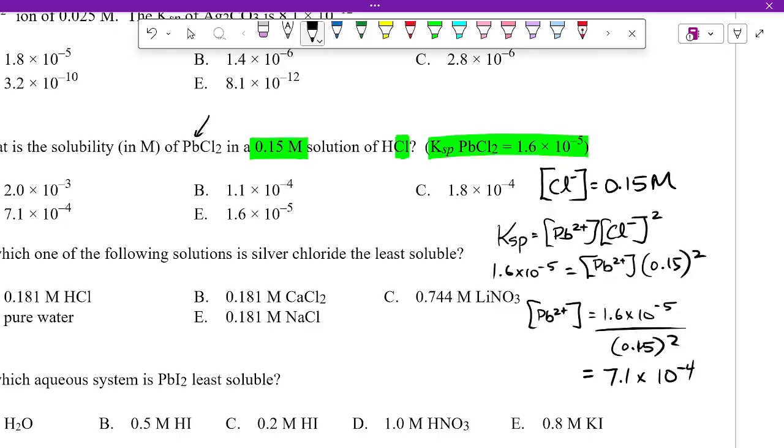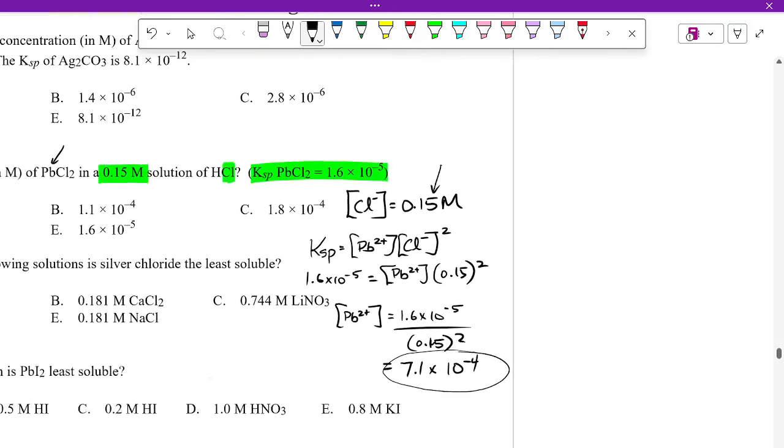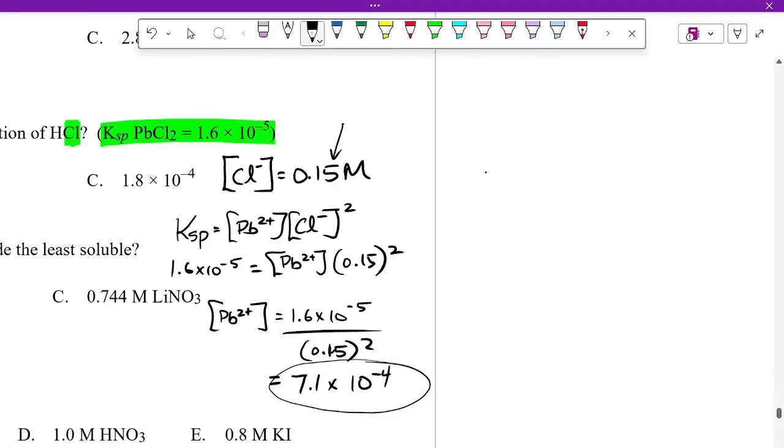Now, that also means that you're going to have a little bit extra chloride, but nothing compared to the 0.15. So what we've really got is PbCl2 going to Pb2+ plus 2Cl minus.